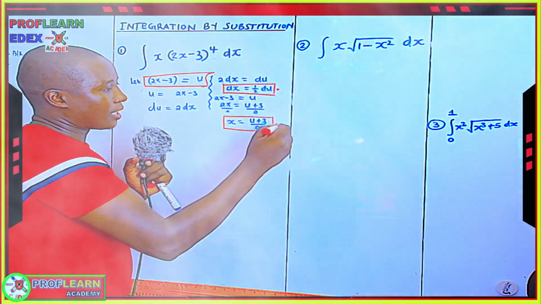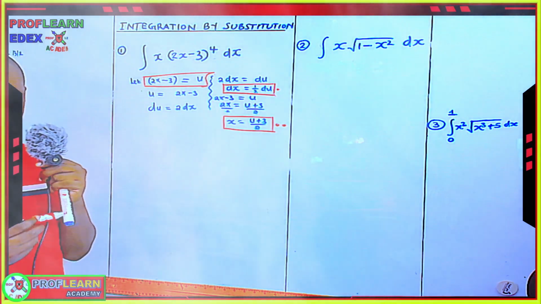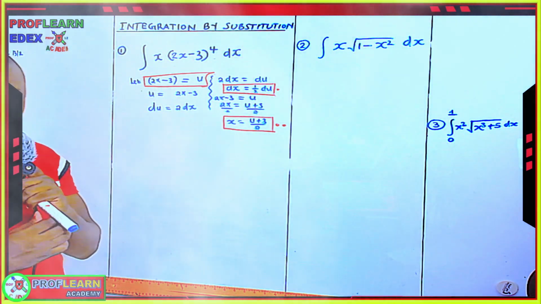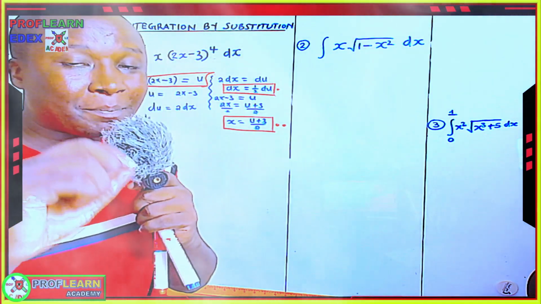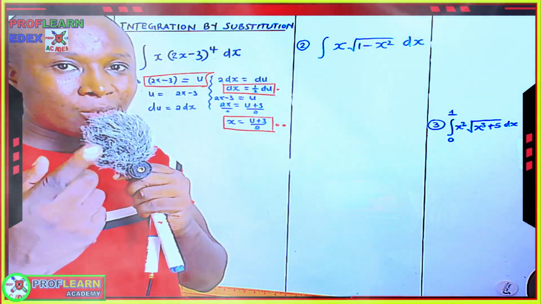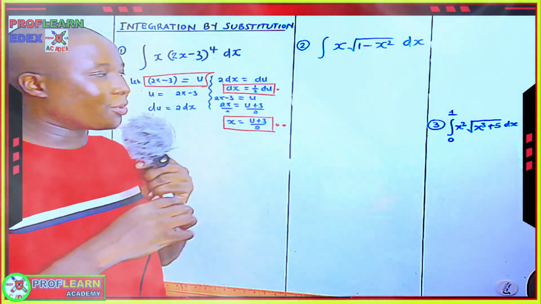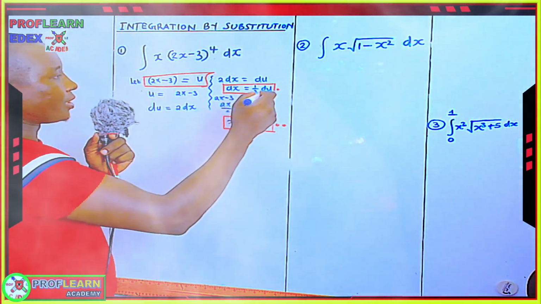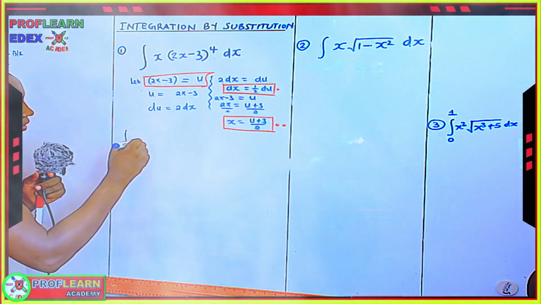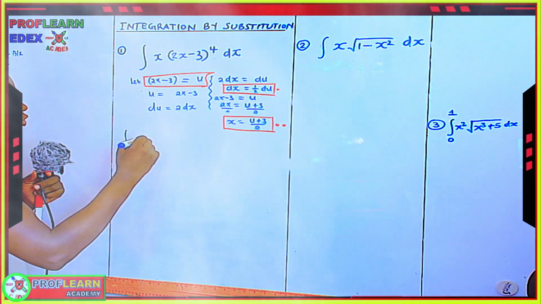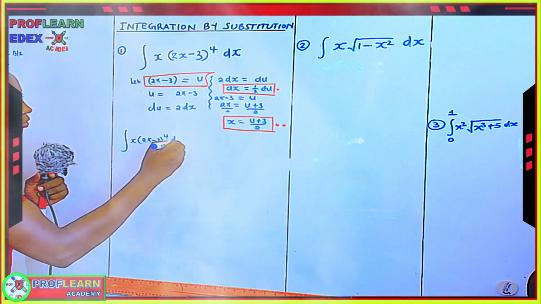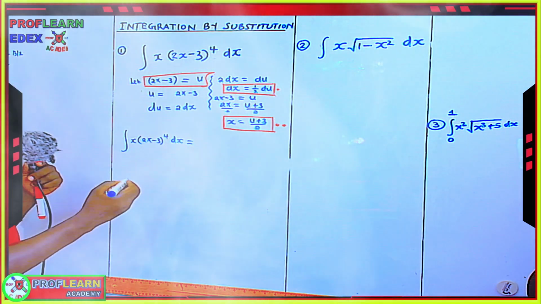So this integral that we were having here, which is x times (2x minus 3) power 4 dx, can be written as, anywhere we have x, we are going to write this. So it will be integral of (u plus 3) over 2, times u power 4. And then we have dx, but dx can be replaced with 1 over 2 du.